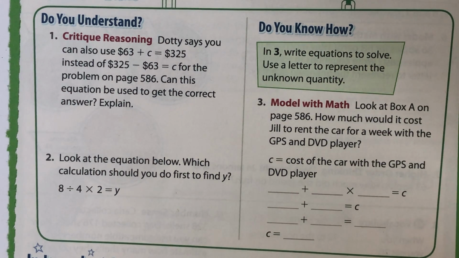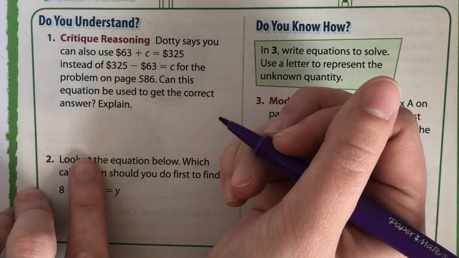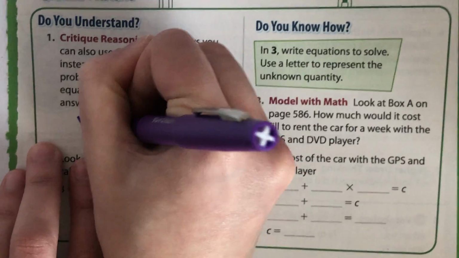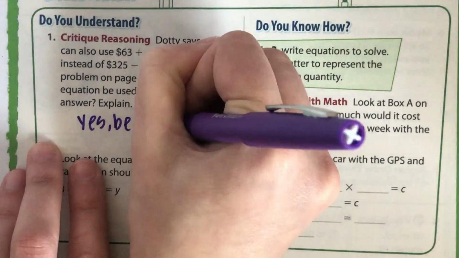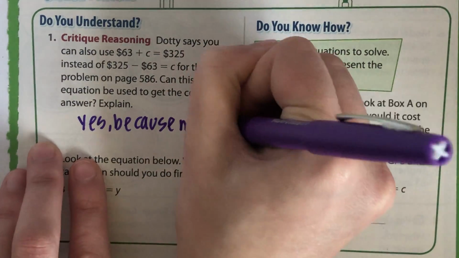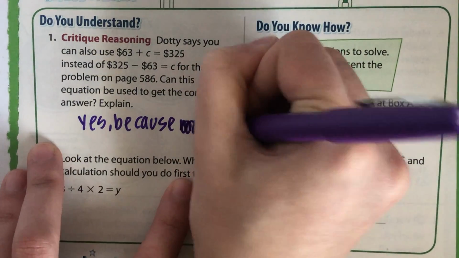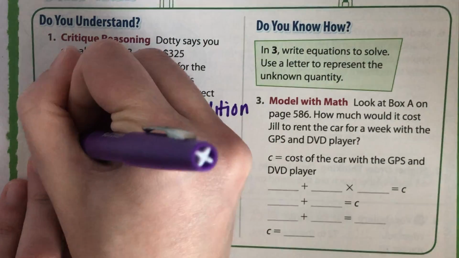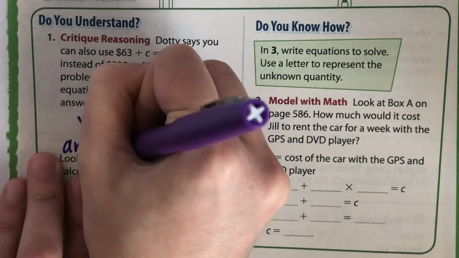If 63 plus c is 325, then 325 minus 63 is the same thing. So, yes, because addition and subtraction are related.